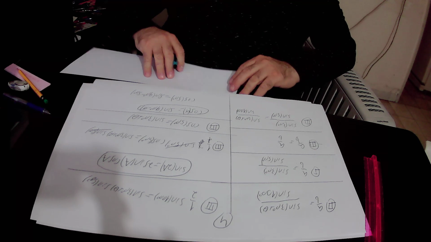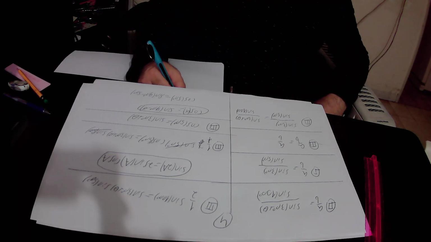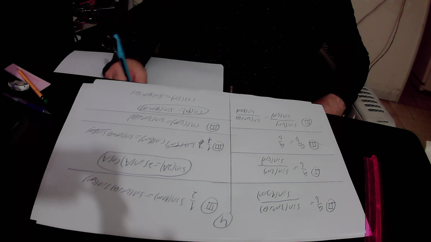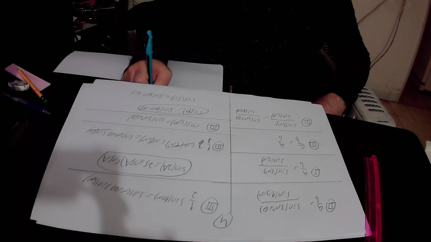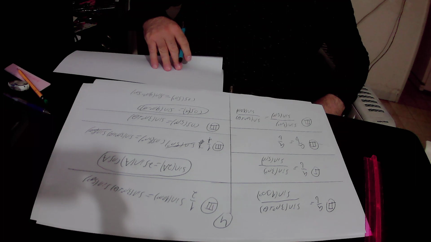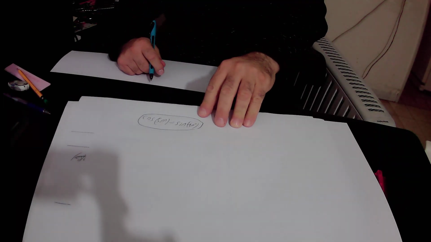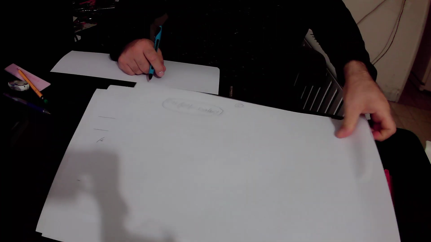So we actually got that cosine 50 degrees equals sine 40 degrees.